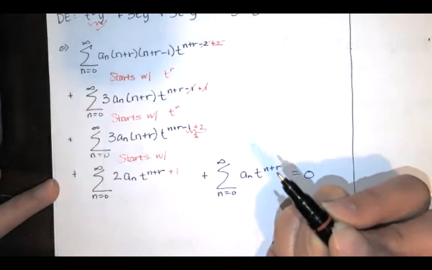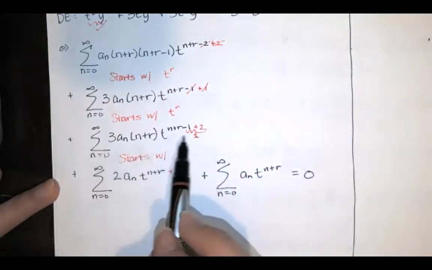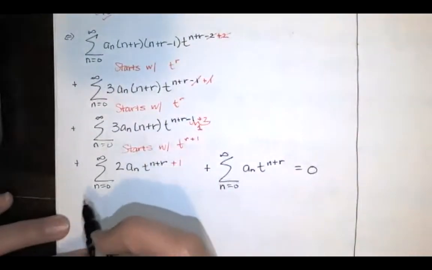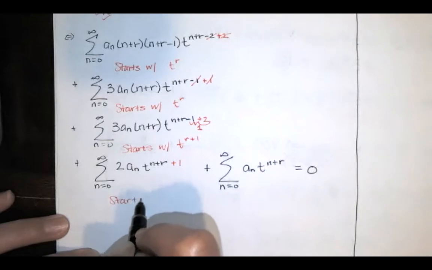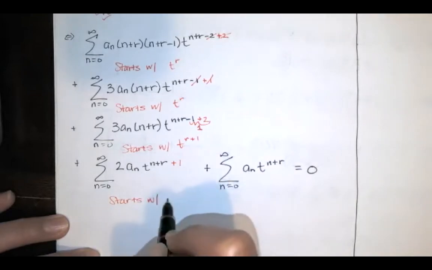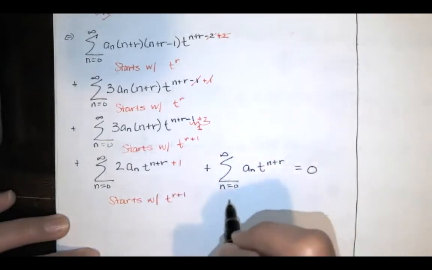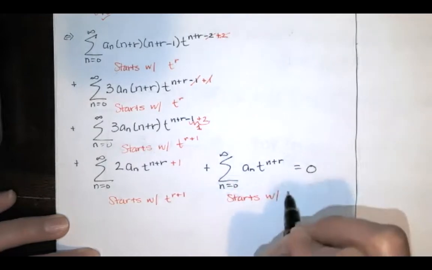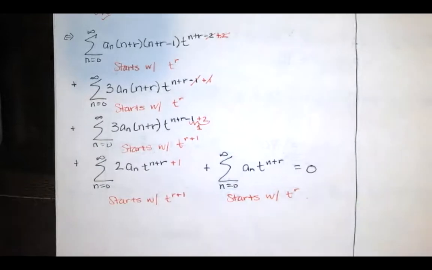Now the negative 1 and the 2 give me a 1. So when n equals 0, I'll have t to the r plus 1 for that one. For this one, when n equals 0, this will start with t to the r plus 1. And when n equals 0 here, this one starts with t to the r.